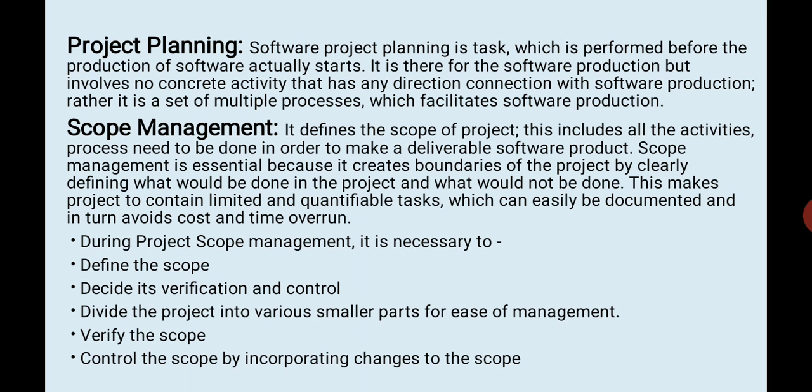This makes the project contain limited and quantifiable tasks which can easily be documented and in turn avoid cost and time overrun. Right, so this is very important. Why? Because it would prioritize the tasks also. It would have quantifiable and limited tasks as it would define the boundaries also.